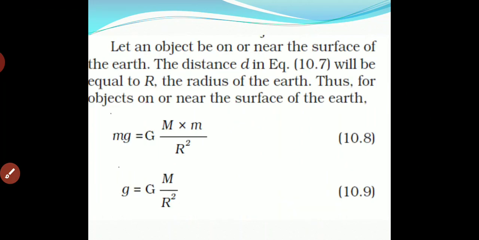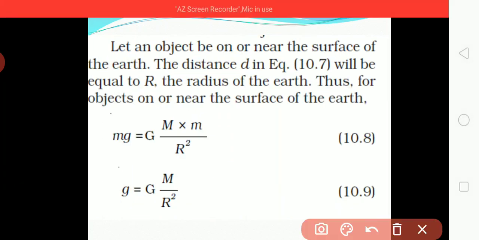Now let an object be on or near the surface of the earth. Then the distance d will be equal to r. In the previous equation we have seen that mg is equal to capital G capital M into small m upon d square.